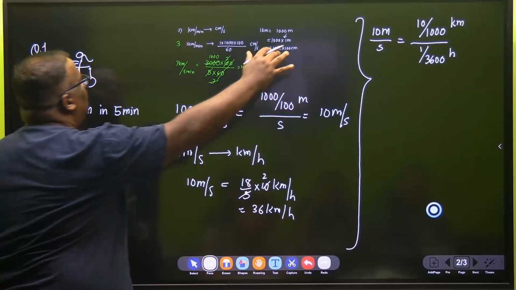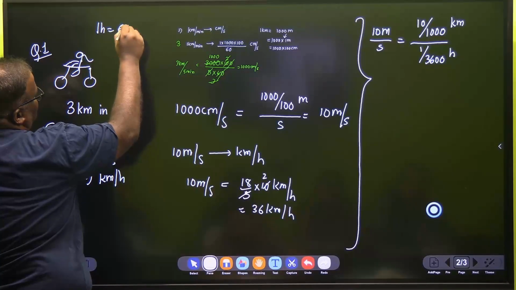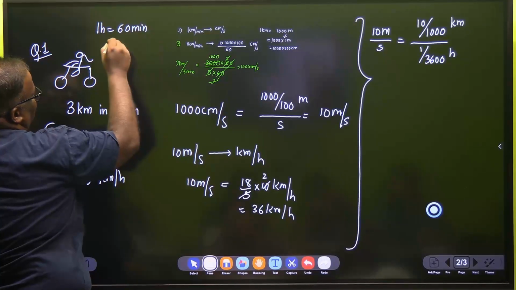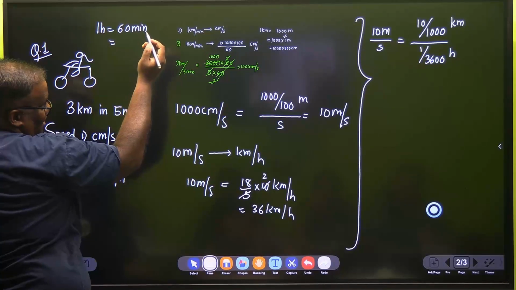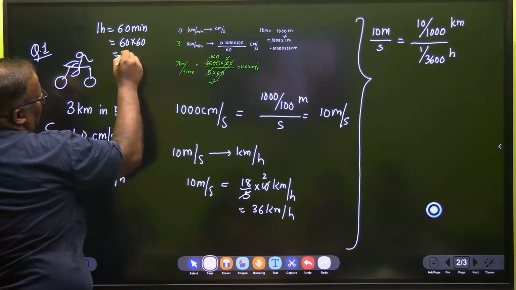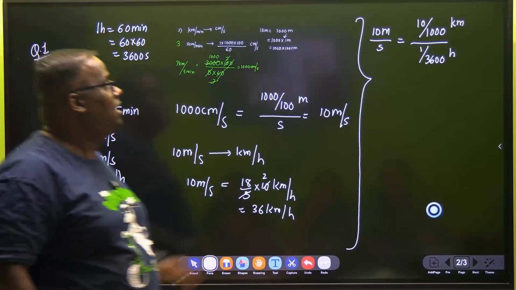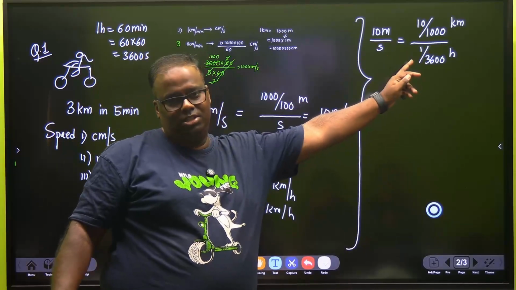If you have not understood this, 1 hour has got 60 minutes. Each minute has how many seconds? 60 seconds. So 1 hour is 3600 seconds. So 1 second will be what? 1 by 3600.